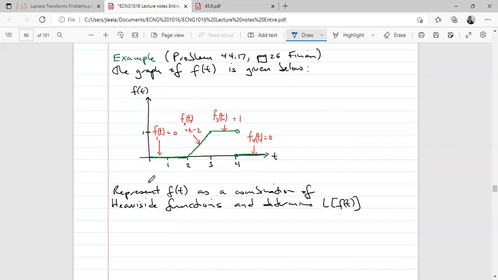So if you look at the slope here, from here to here is 1, and from here to here is 1. Right, so the rise over the run is 1, which means the gradient here is 1. So you have t, because the coefficient in front of t is 1, and then the y-intercept will be -2.